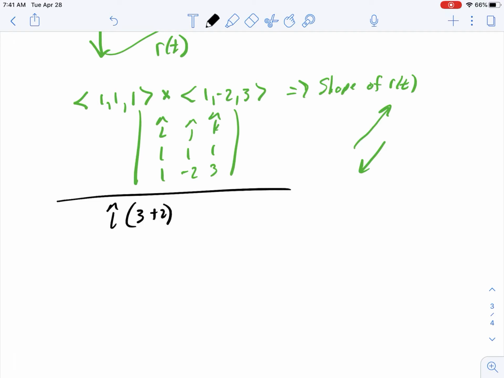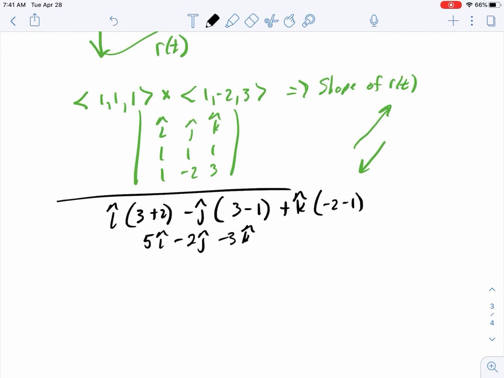My i component: 3 plus 2, minus my j component: 3 minus 1, my k component: negative 2 minus 1. So you have 5i hat minus 2j hat minus 3k hat. So the slope of my r(t) is 5, negative 2, and negative 3.